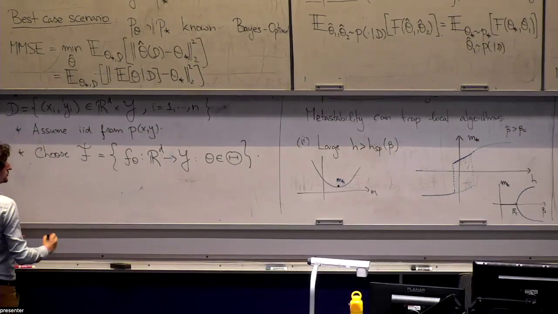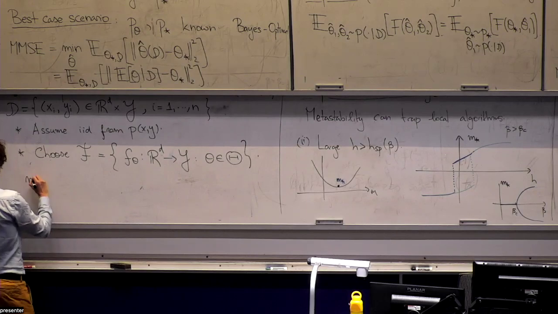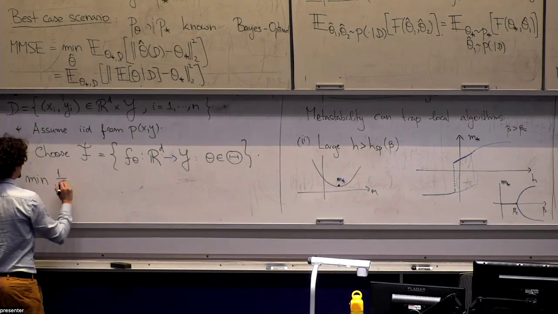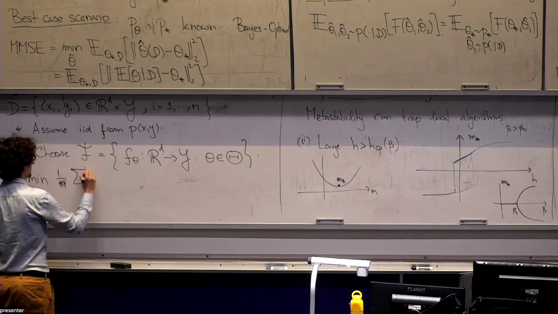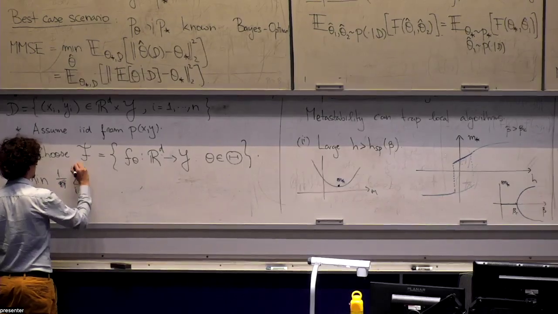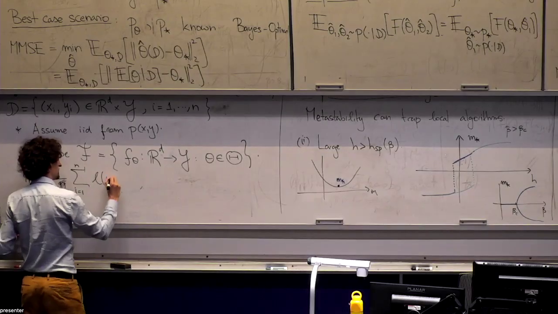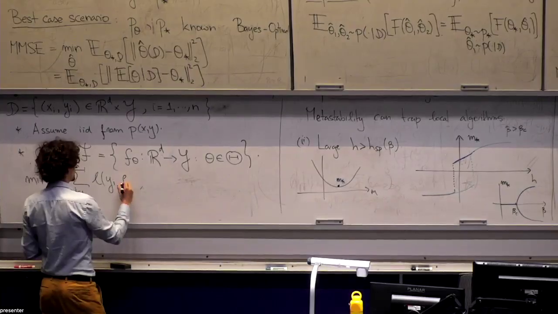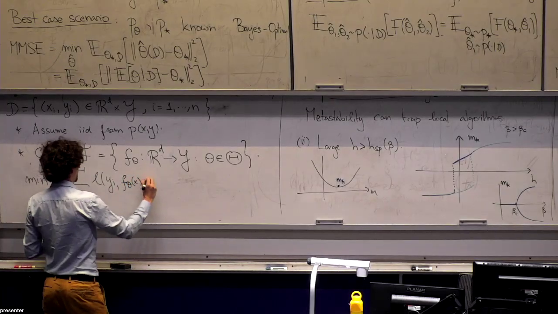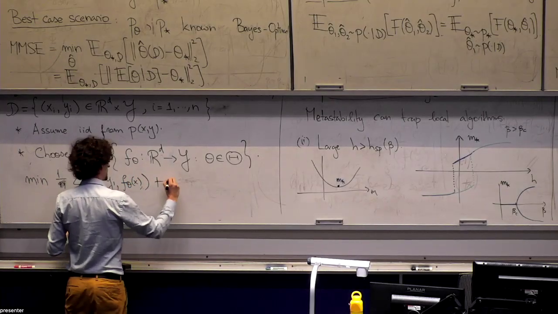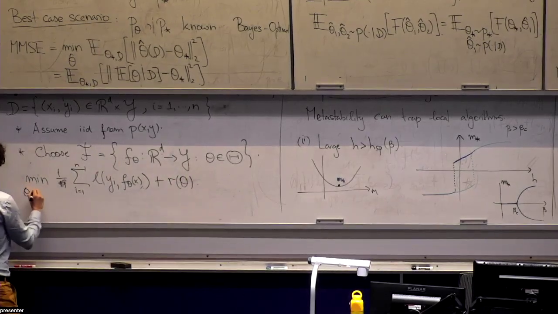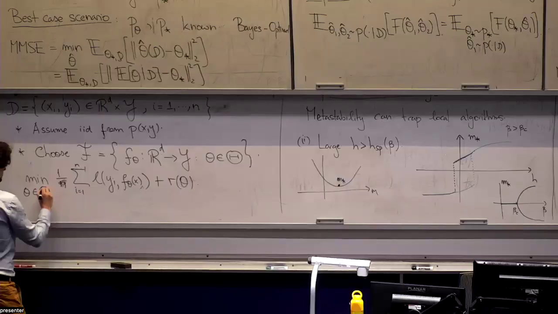And then you want to solve the problem of minimizing the empirical risk, which is the sum from i=1 to n of a loss function, which is a measure that you choose. And eventually you can also add an explicit regularization, and then you minimize over theta in your parameter space.